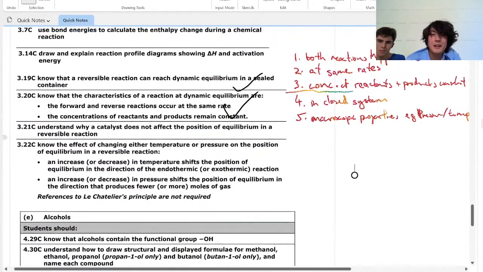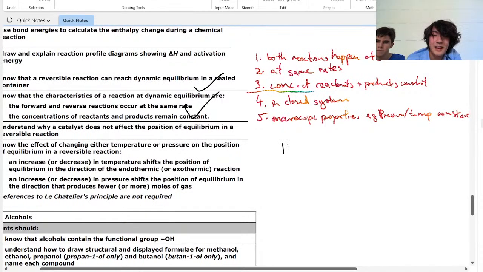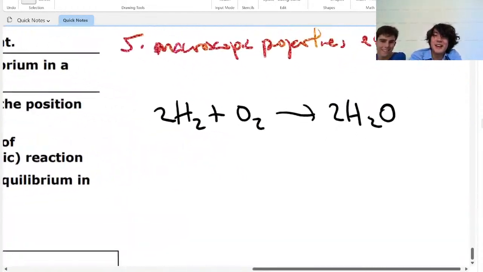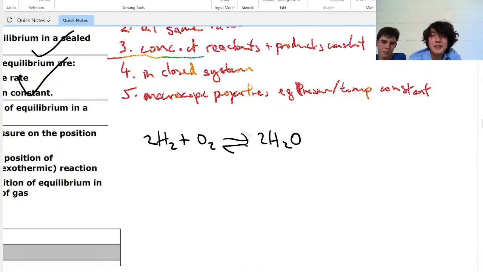So let's say we have H2 plus O2 equals H2O, and this reaction is very exothermic. That's why you see do the reverse, because you can actually lose marks if you don't do the reverse.